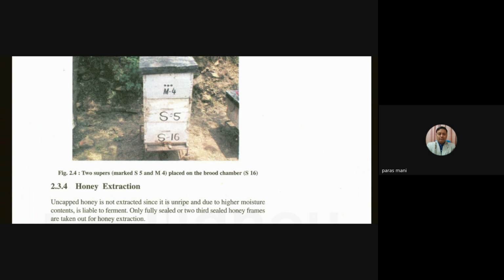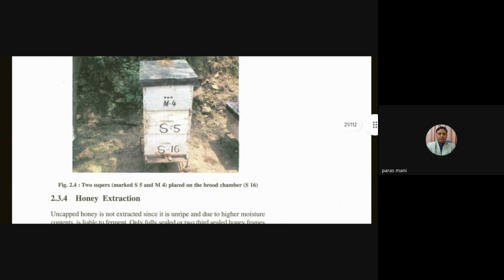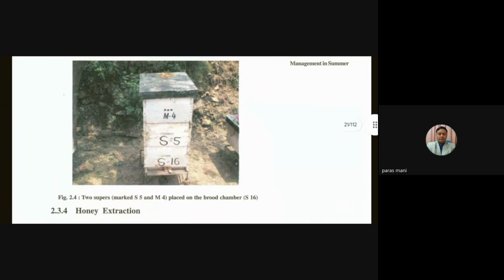Two, three or four honeybees exchange the food through the mouth, and finally the nectar mixed with different enzymes of the honeybee will be placed into the cells of combs in the super chamber.